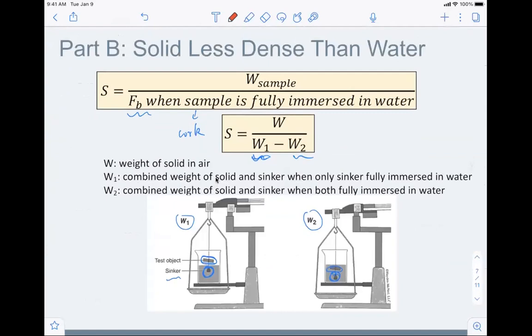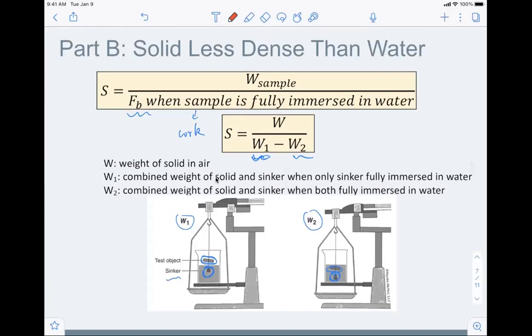But you do not want this heavy object to make any difference in the measurement. So the measurement only involves the cork in air versus the cork in water. That's the only difference. The sinker remained in water for both cases, so that we controlled for the sinker. The sinker is not going to affect your result.